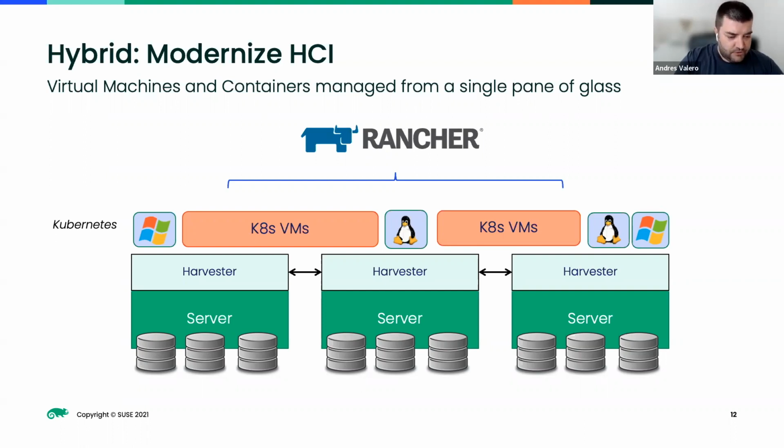At the end, what we are doing is simplifying the way that we can communicate containers and VMs. So we are simplifying this coexistence we were speaking about. And on top of that, we have Rancher. Rancher is going to be like our umbrella that will provide, and we will see later on in the demo, all the capabilities we need to manage this landscape.